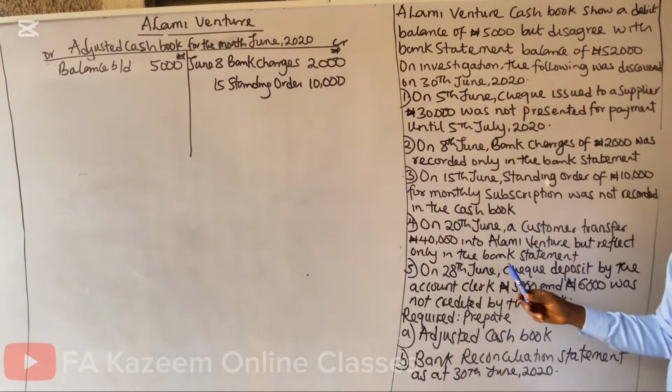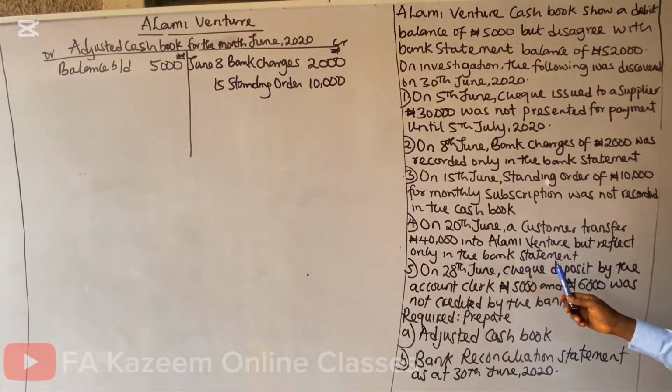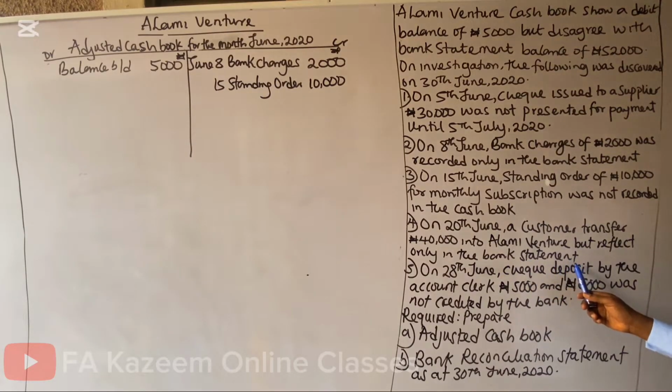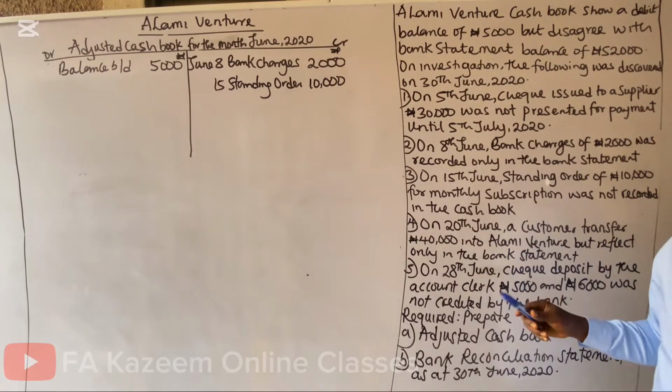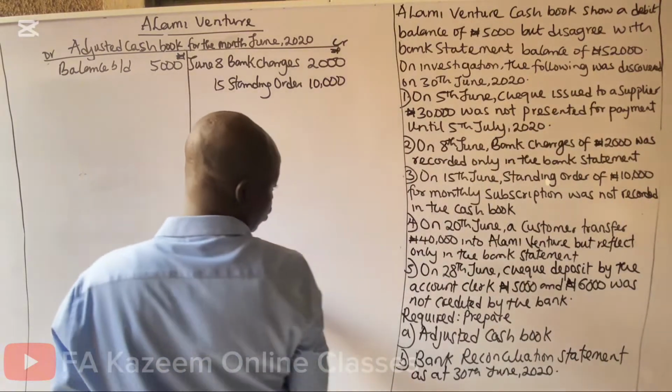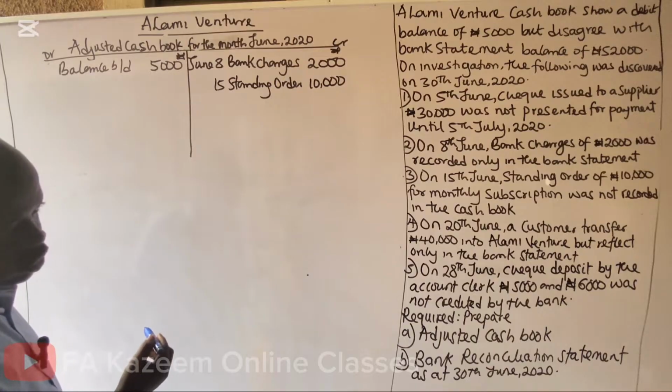But we are told that it's only the bank that kept this record on their credit side. But the customer also omitted this. Now we are going to help the customer on June 20th.